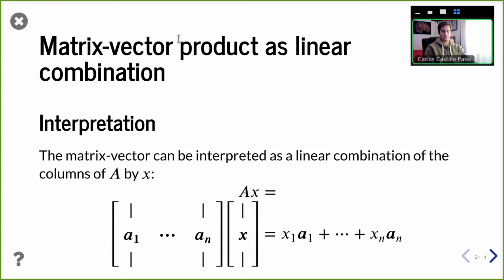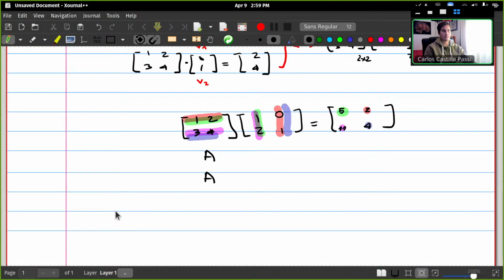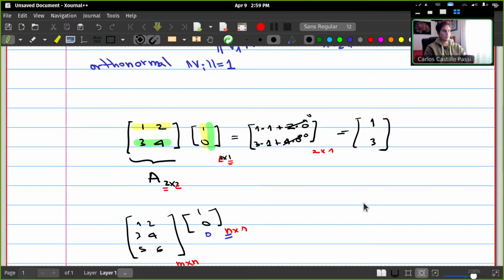Another way of interpreting this matrix vector product is to think of it as a linear combination of the columns. You have a vector X and a matrix A composed by these columns A1, A2 until A3. The matrix vector product will be the same as the coefficients of X multiplied by the columns of A. So let's have an example here. In our previous matrix multiplication, we saw that the result was 1, 3.